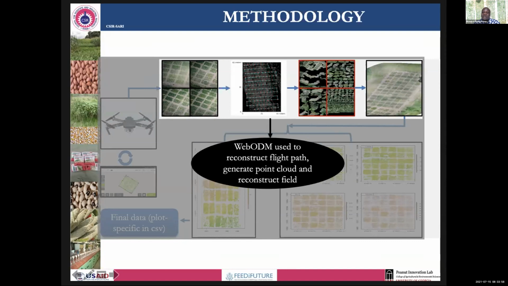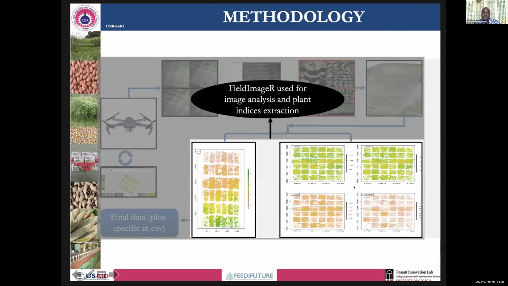And then from the flight path, it generates point clouds with a sparse matrix, which is then fine-tuned to become a dense one. And then the dense matrix is also fine-tuned to give us a standard output image like this. WebODM has several settings, but in this particular instance, for our study, we set it to work at a resolution of 1 centimeter.